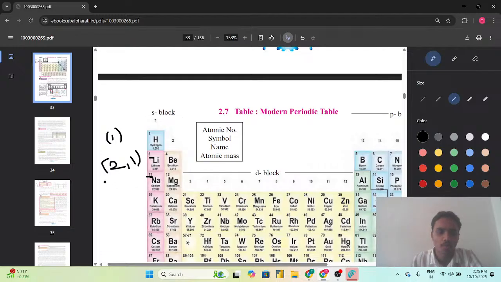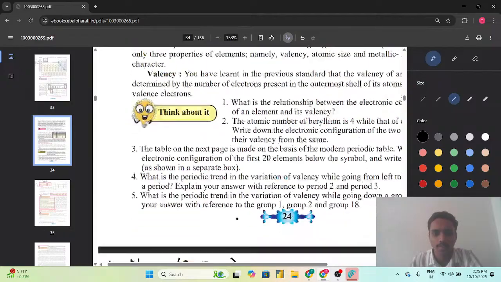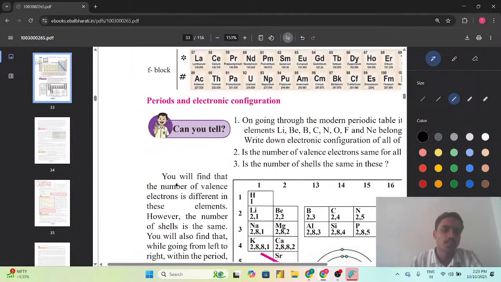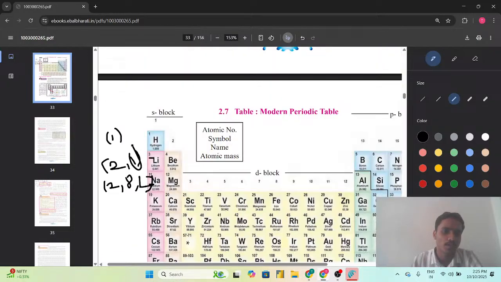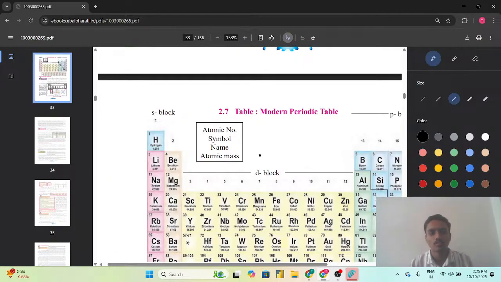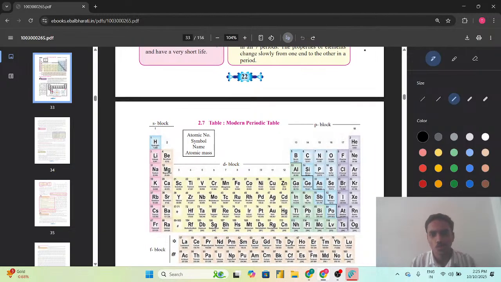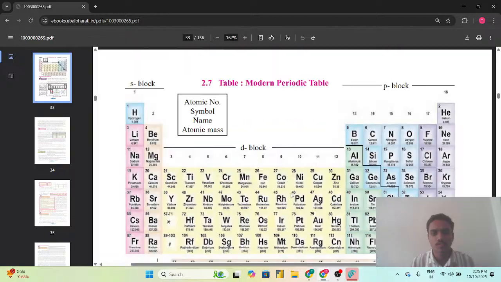For sodium it is 2, 8, 1. For potassium, the electronic configuration is 2, 8, 8, 1. So valence electrons come to be 1. Valence electrons are the electrons present in the last shell, that is the outermost orbit, and all of these have 1 valence electron. This is the trend which we have seen here.